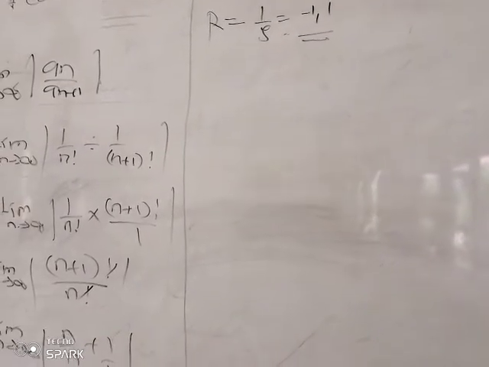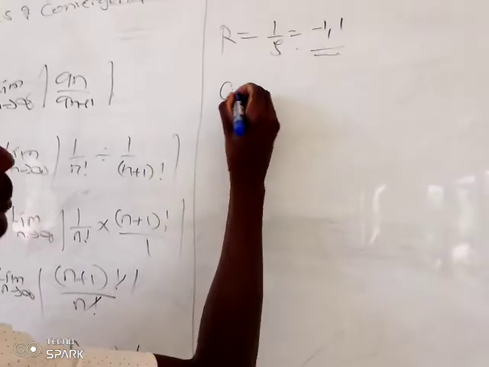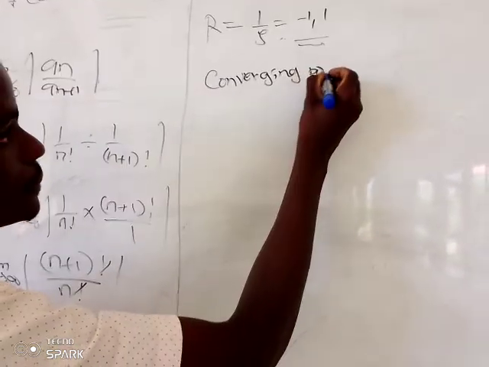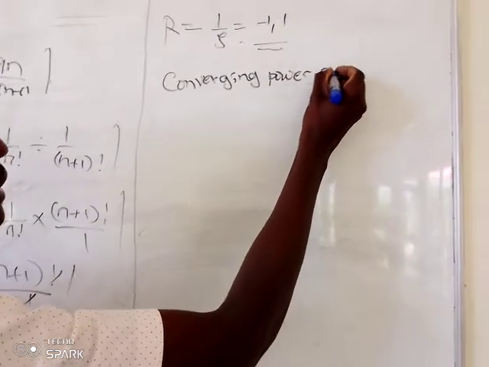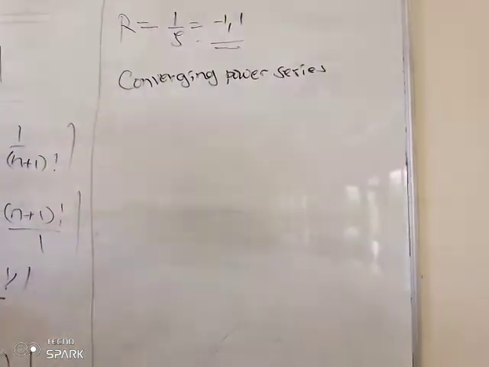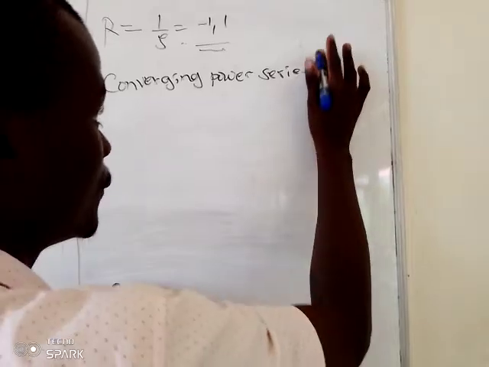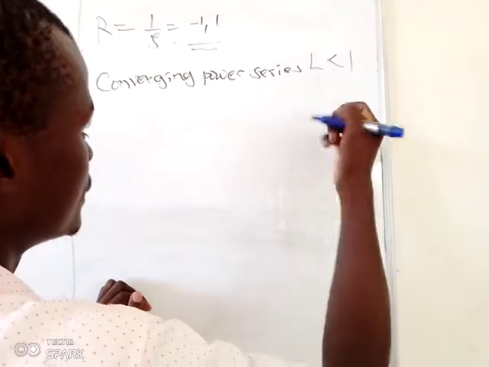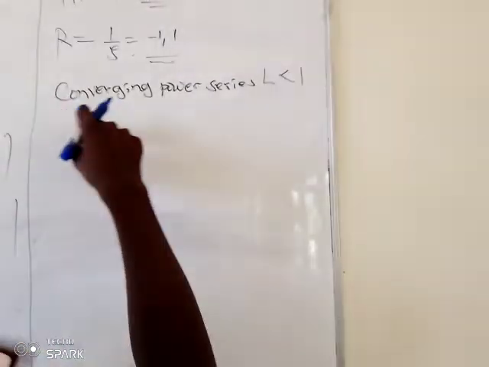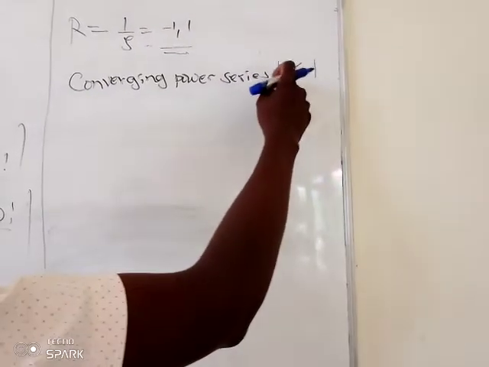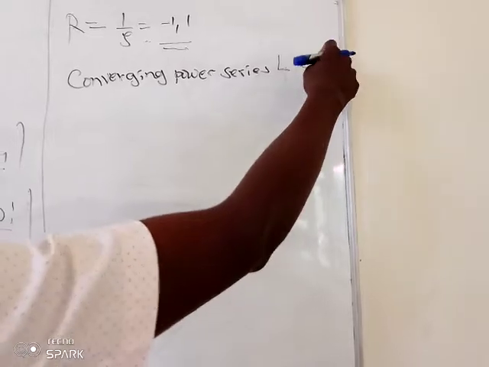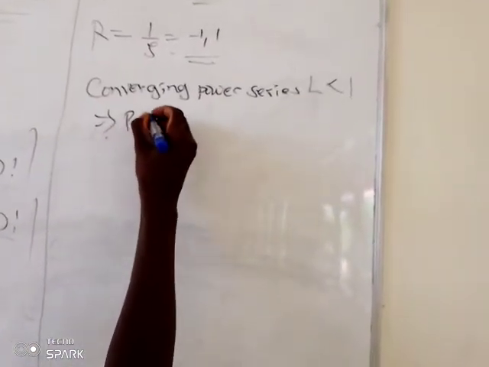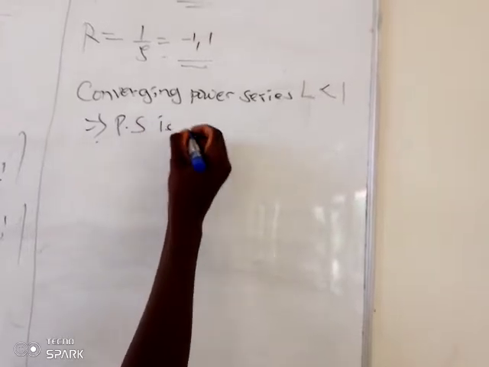For a converging power series, if L is less than 1, then we say the power series is convergent.